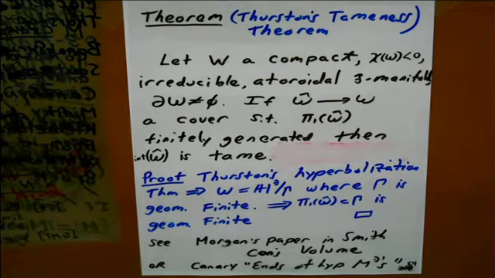And suppose the boundary is non-empty, and furthermore, some component of the boundary has negative Euler characteristic. Then if you consider any finitely generated subgroup of the fundamental group, and you look at the covering space of this manifold corresponding to that subgroup, then that covering space is topologically tame.